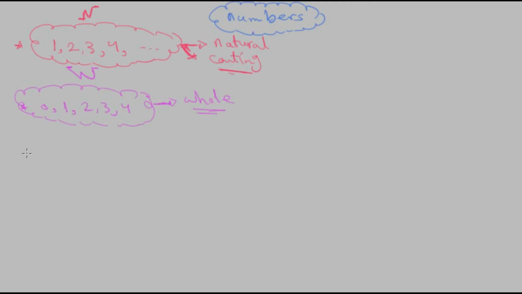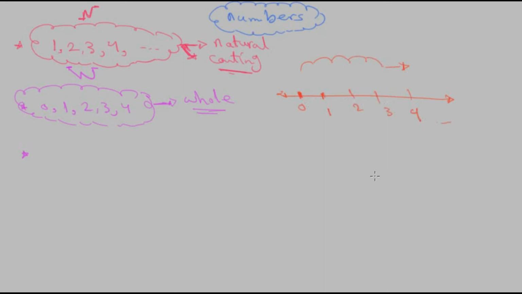After that, the Indians discovered that if we have a number line like this, which people use to express numbers, we start from 0 and go to the right. After 0 comes 1, after 1 comes 2, after 2 comes 3, after 3 is 4 and so on.